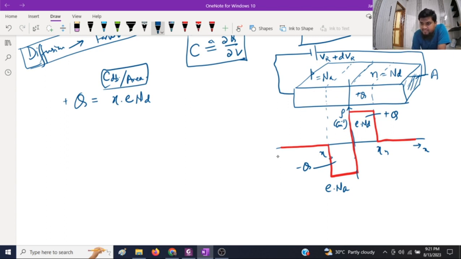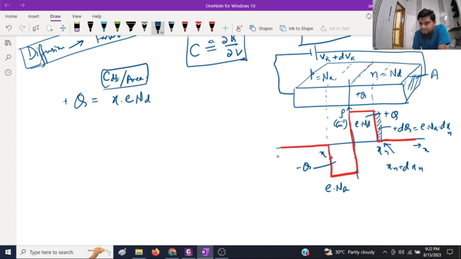This junction width will increase with reverse bias, right? Slightly it will increase. Let's assume it is increased by xn plus dxn, and due to that, there will be a positive charge dq, that will be equal to E into Nd into dxn, right?